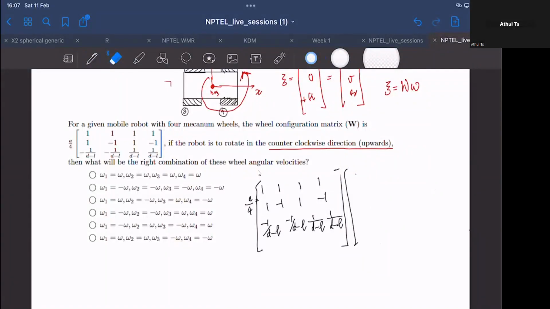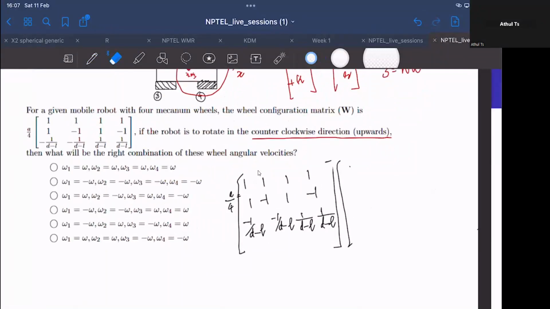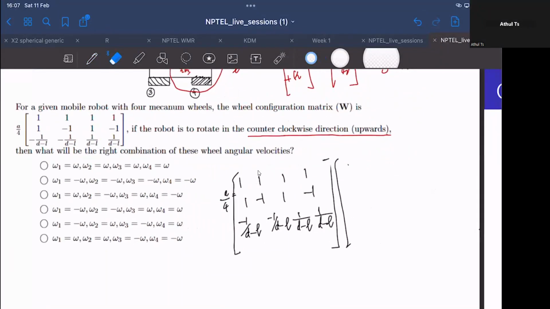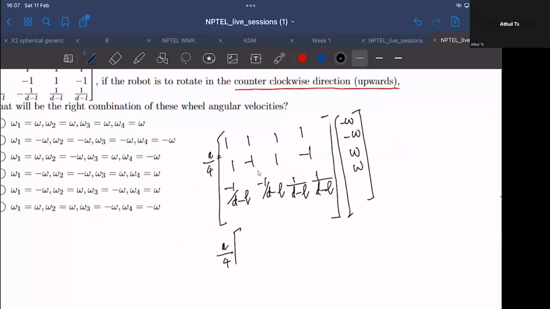The fourth case is minus omega, omega. So multiplying this out, what would we get? It would be minus omega, plus omega. The second row would be minus omega, plus omega, minus omega.